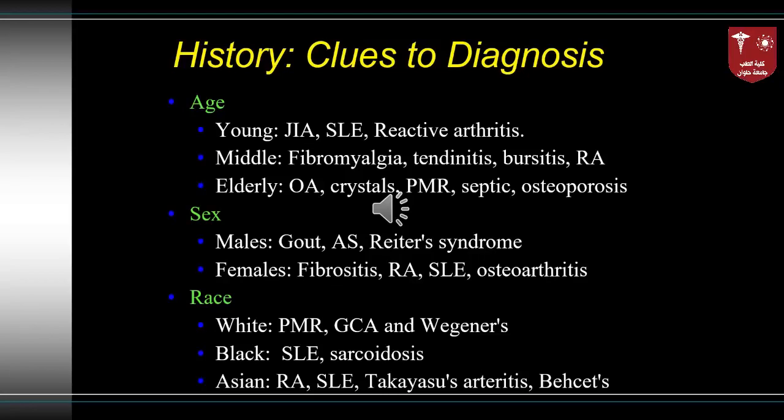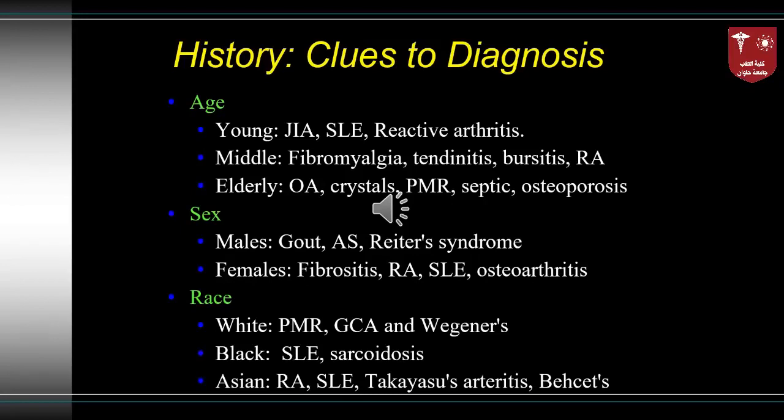For example, if we have a young patient complaining of chronic inflammatory arthritis, of course our mind goes to diseases occurring at a young age, and usually it is idiopathic juvenile arthritis, which was formerly called chronic juvenile arthritis, or lupus, which comes in young or mid-aged females.